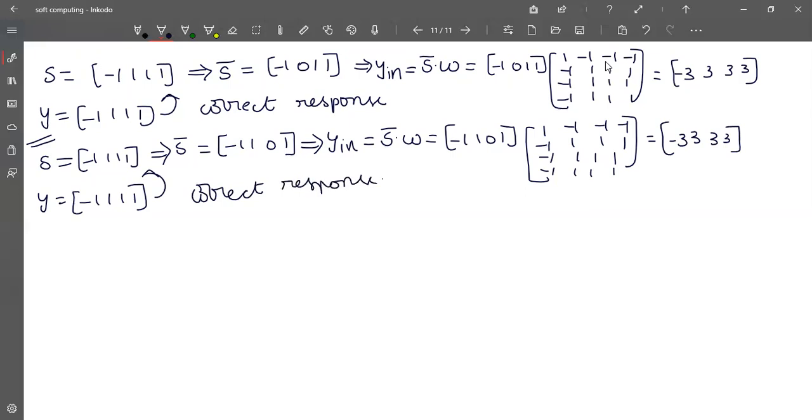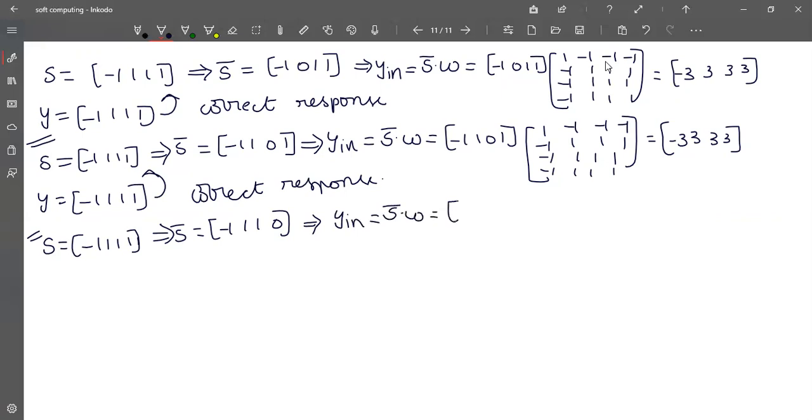And let's test by missing the fourth input value. Our initial vector is 1 2 3 4, and if I miss the fourth one, our test vector is 1 1 0, right? And our net input will be computed like this.